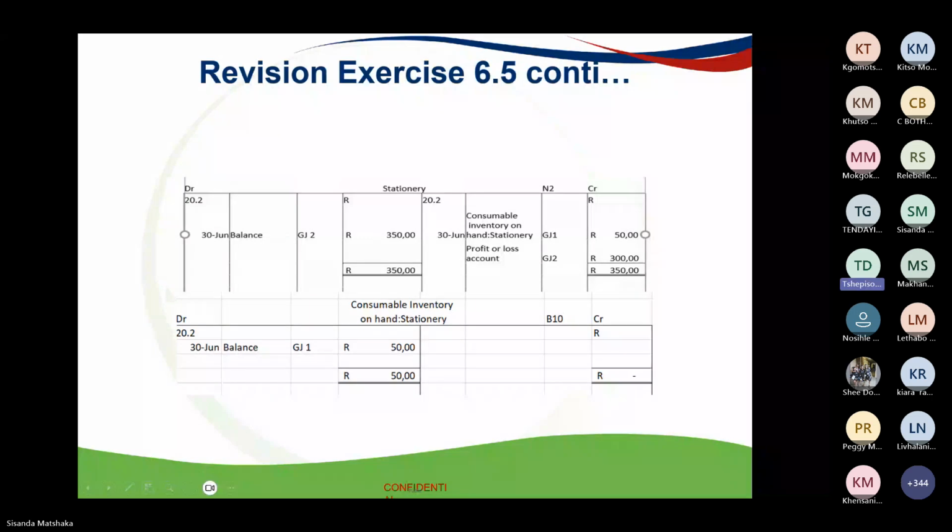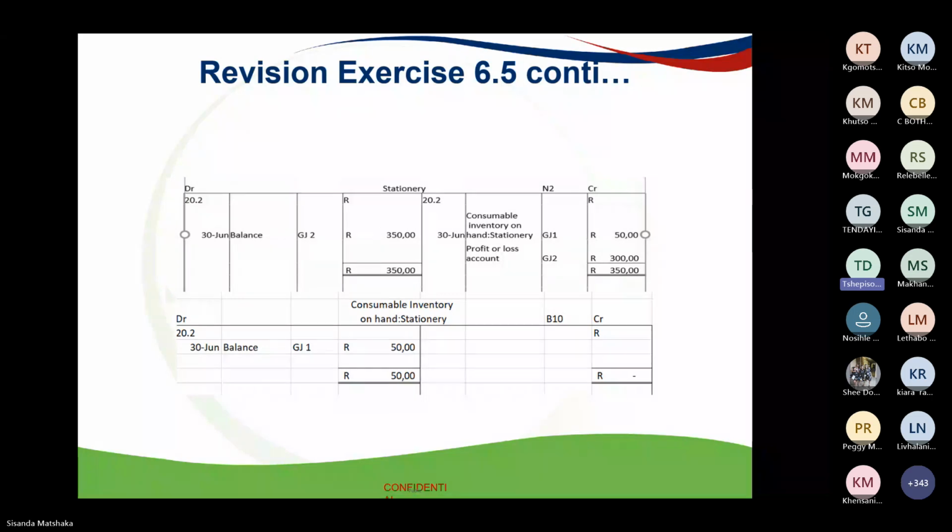Okay, the second general ledger account would be the one that relates to stationery on hand, on the 30th of June 20.2, which amounted to 50 Rand. However, we're not going to deal with that right now, but we'll deal with part one of the question, which says open the above accounts in the general ledger.